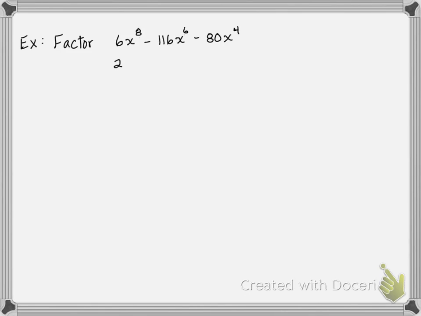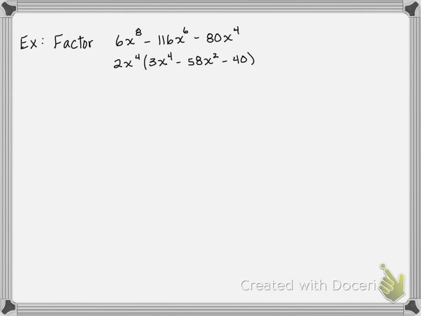So 2x to the 4th gives me 3x to the 4th minus 58x squared minus 40x. No, not x, just 40. So far, so good? Yes.